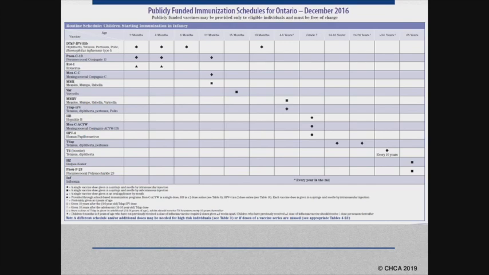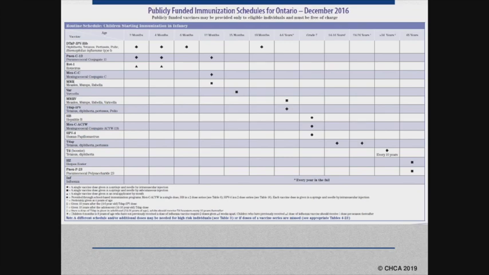For example, the Shingrix, you can see at the bottom there. Moving along the horizontal axis, you'll see the ages. Moving along the vertical axis, you can see the different immunizations. So PDSL, Prevnar 13, Rotarix, or now Rotateq, Men-C, MMR, and so on.